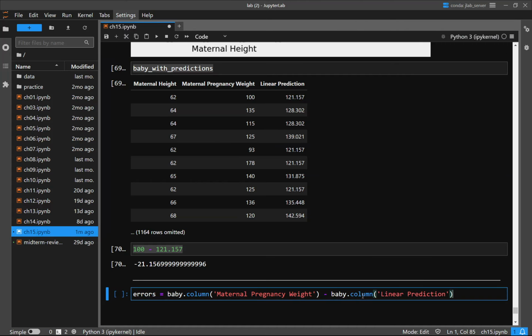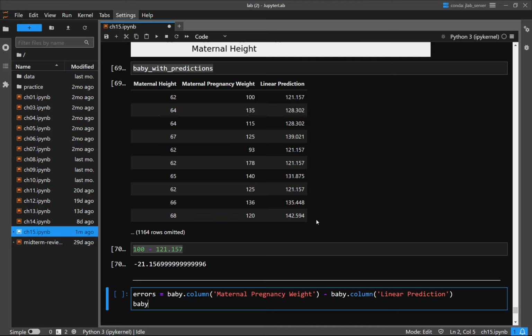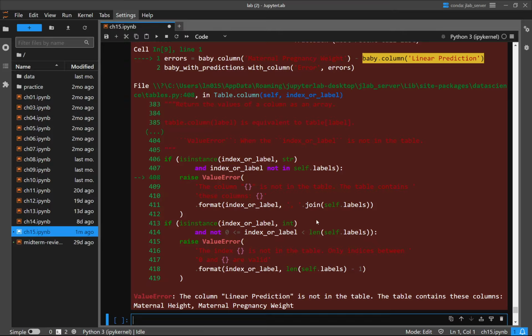So there's my errors, and I can attach that to our table. I can say baby with predictions, and then with a column called error. And then I can place our errors there. And there's that table. Let's see here.